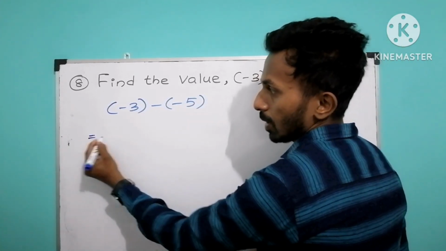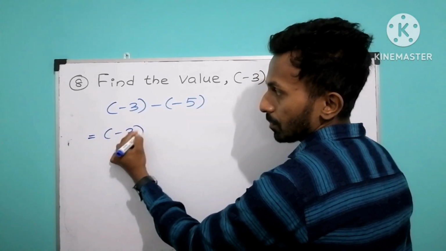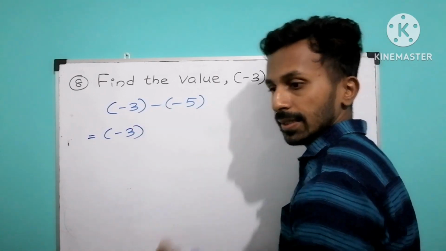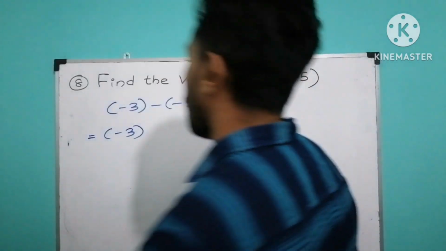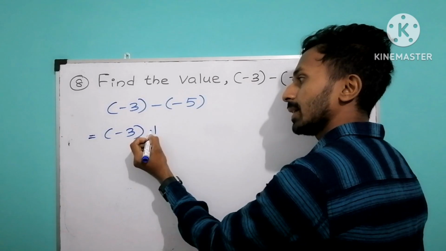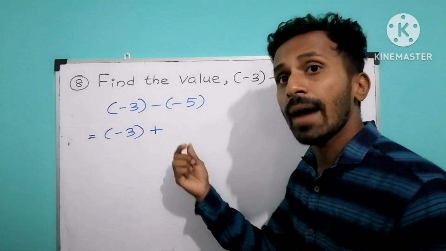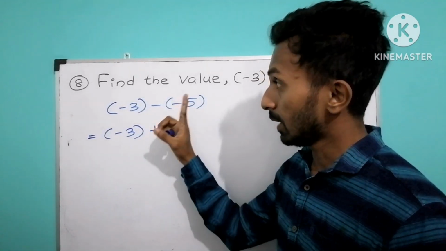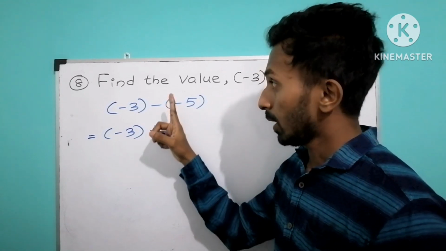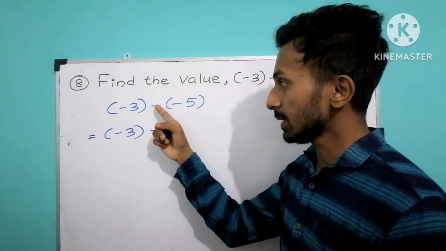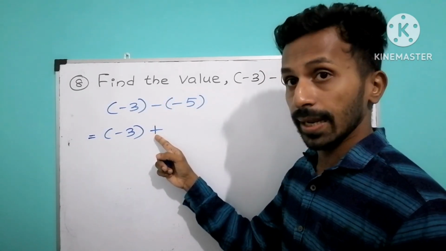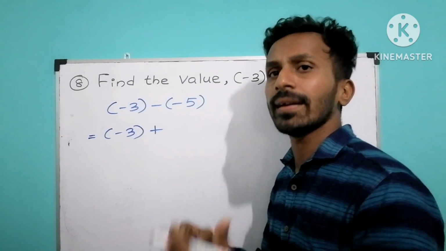How? Minus 3, I change minus as plus. Here I have done a wrong thing. Here I take plus. Then I am going to recorrect this one.